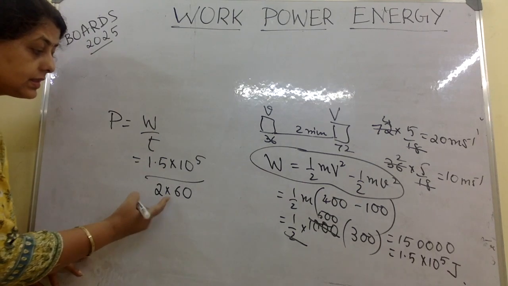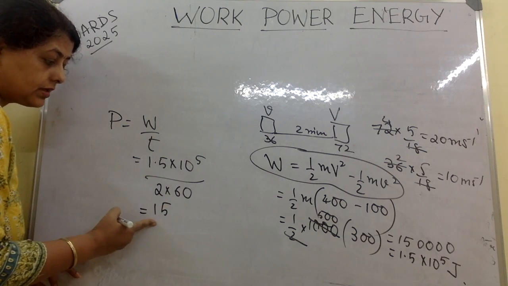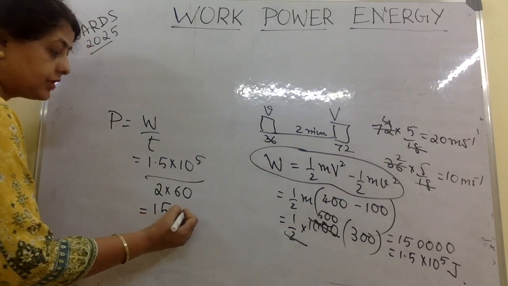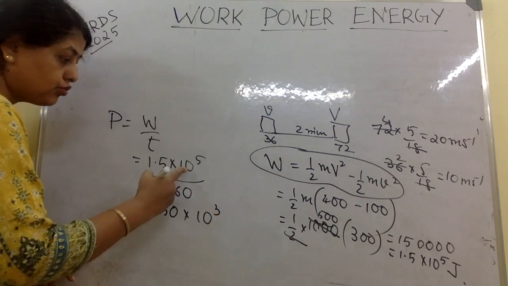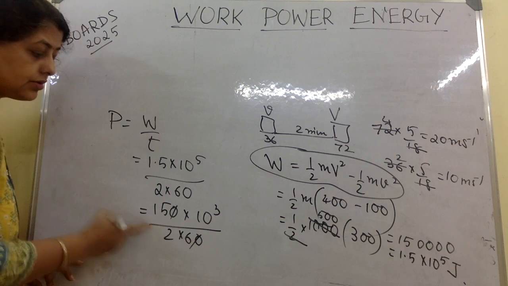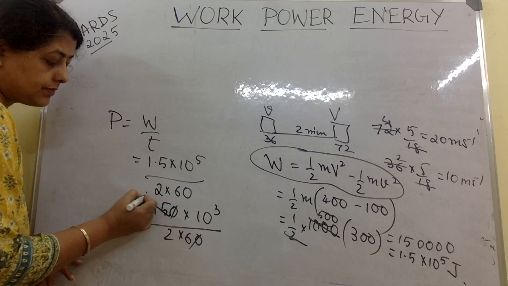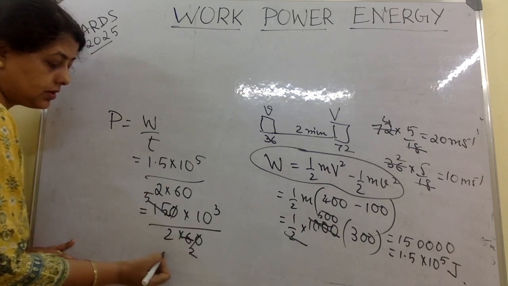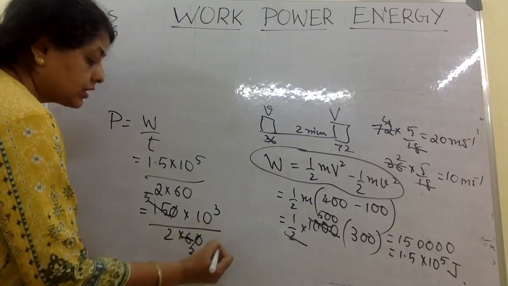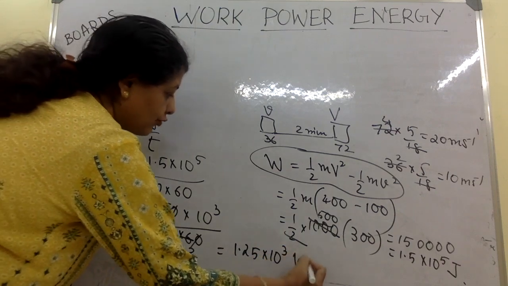Here, if I again make it 150, that means I have used up 2 of the zeros from here, by 2 into 60. Let me see if it works. So this is how much? 5, 3 5s are 3, 2s are. So it is 5 by 4, which comes to 1.25 into 10 to the power 3 watts.